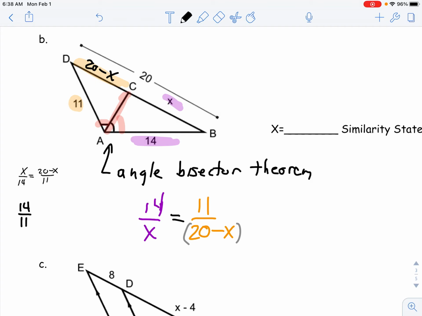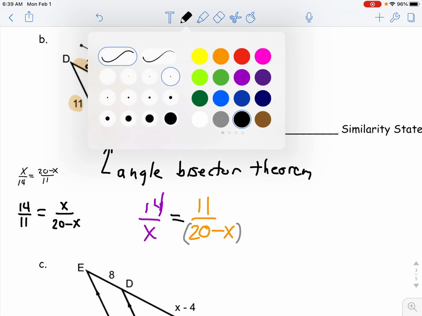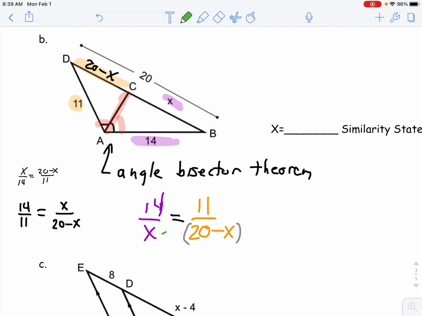You could do both those sides, and then what relates to 14 would be x, and then 20 minus x. That'd be legal, so on and so forth. All right, bunch of legal things, but realize in any case, just as long as you match up the corresponding parts, these two things will multiply: the 14 and the 20 minus x, and the 11 and x.